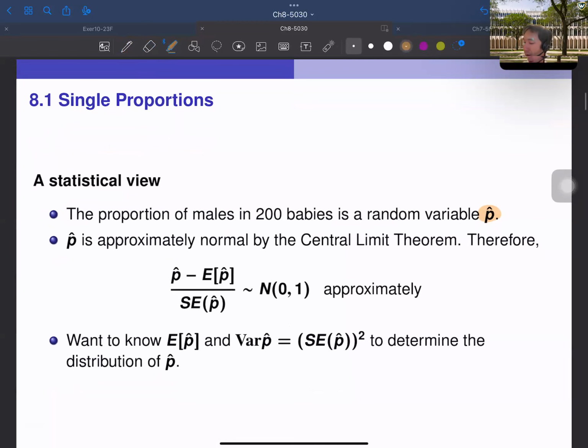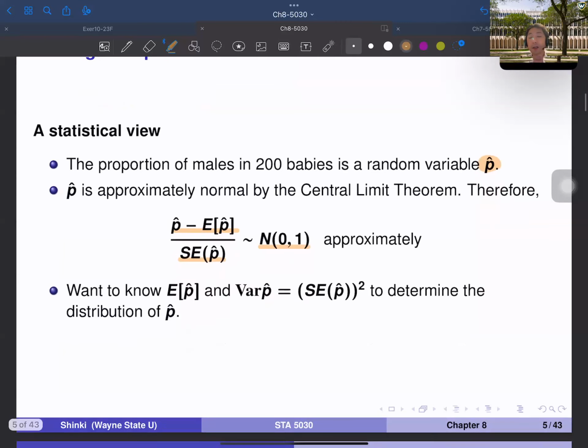And since p hat is approximately normal, if we subtract the mean of p hat and divide it by standard error of p hat, that becomes approximately normal 0-1 distribution. So as long as we know expectation of p hat and the variance of p hat, then we can construct this as test statistic.